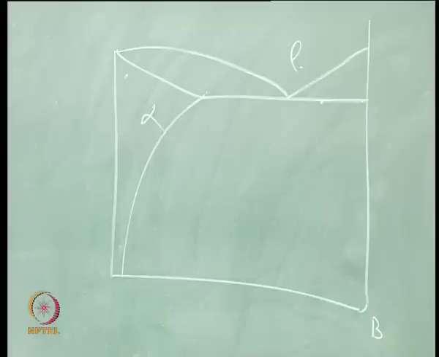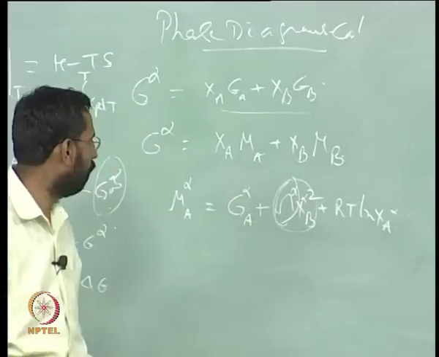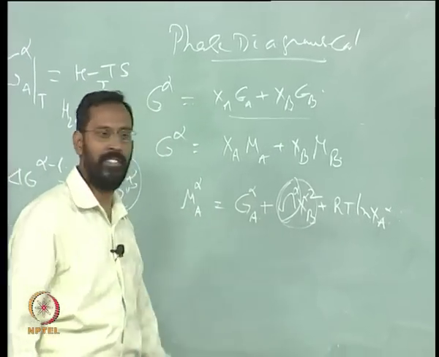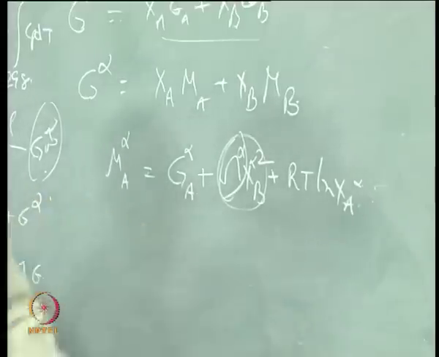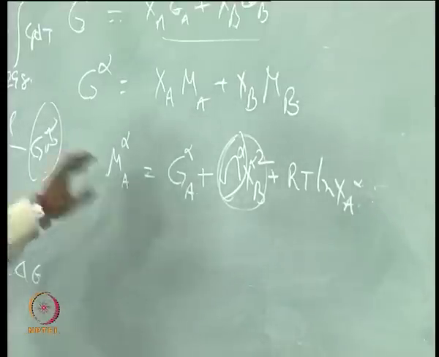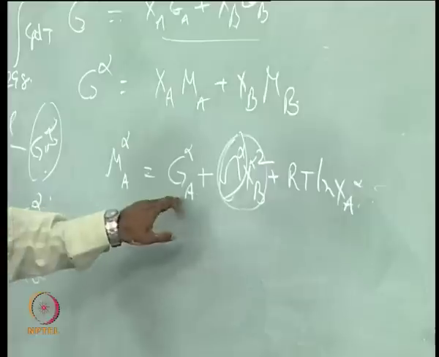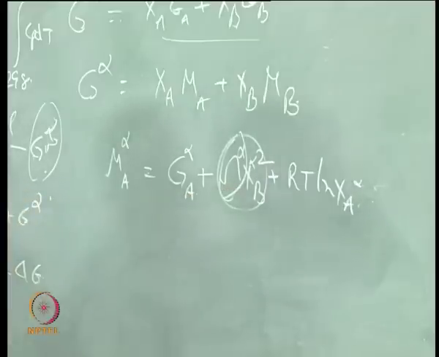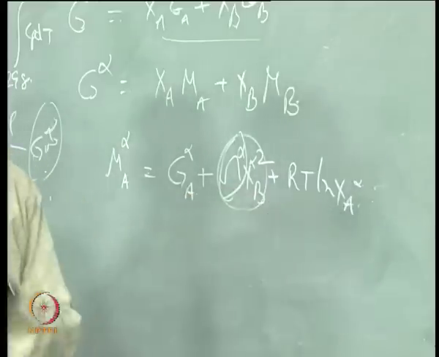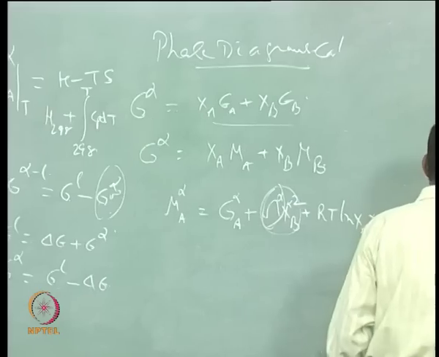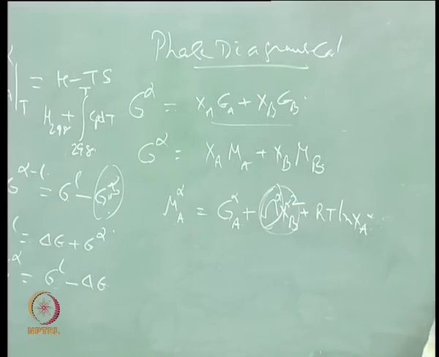For example, take this equation where mu A, the chemical potential, is G A plus omega alpha into x B square plus RT x A ln x A, and try to draw a free energy composition diagram here.